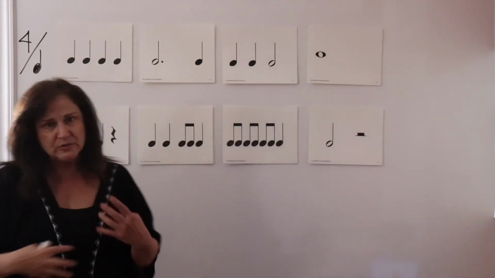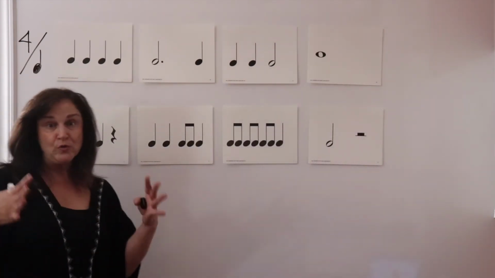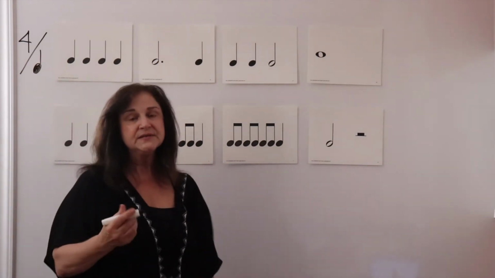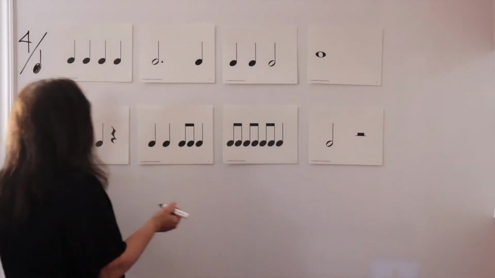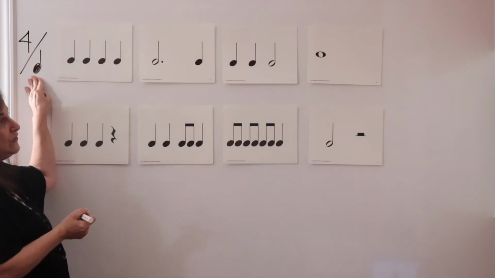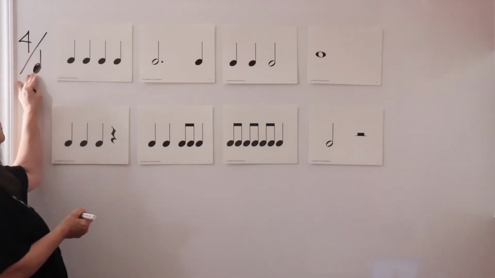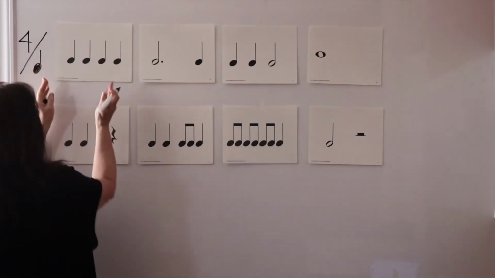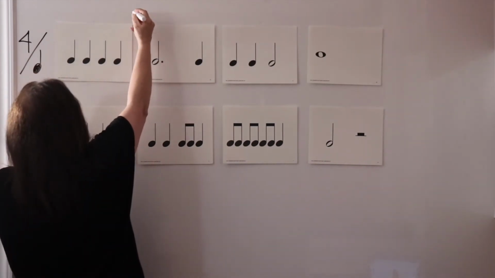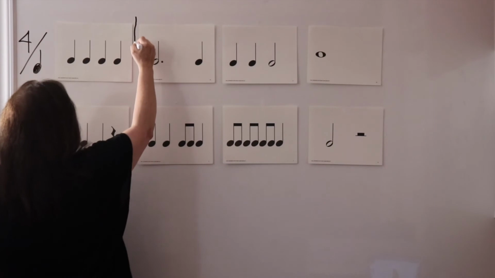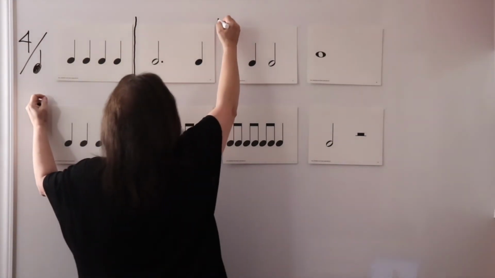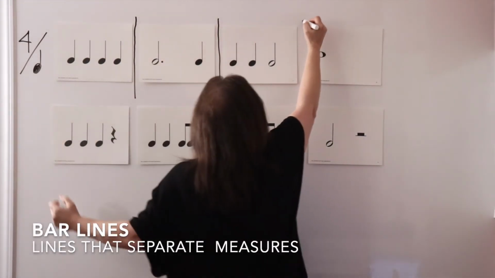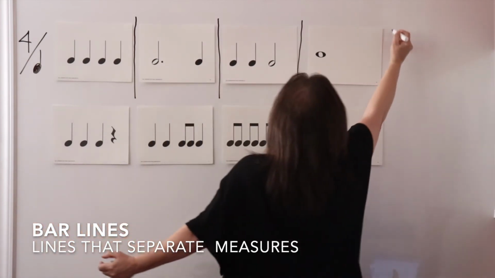Now, in order for us to understand this, they have to be in groups of sets of 4 beats. So we established our meter by putting 4 over a quarter note. And then between each 4 beat sections, we're going to put a line. And that is called a bar line.